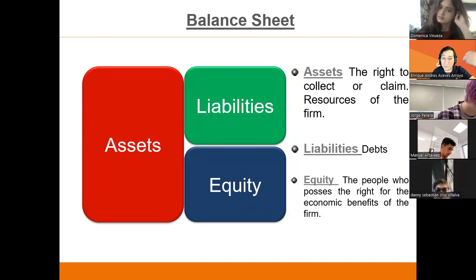If you learn Monte Carlo simulations, company evaluations with me, I'm okay with it. But my main goal is for you to understand these 6 topics, okay? Liabilities are debts and equities are the people who possess the right to the economic benefits of the firm. Okay, what we just talked about, okay?